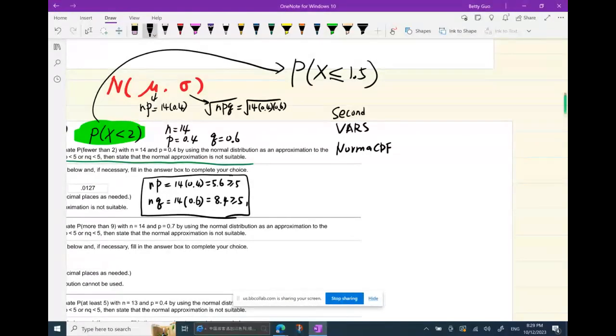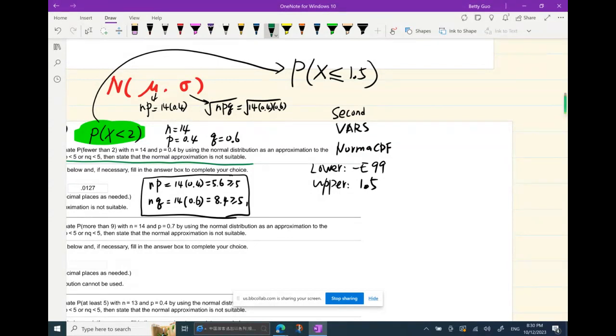That's the continuity correction. So once you see normal CDF, your lower is negative infinity, your upper is 1.5. Yeah, if you enter 2, that's incorrect.